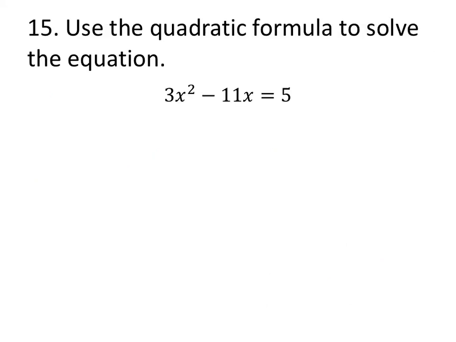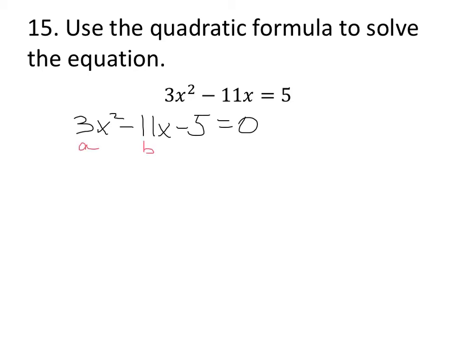In this equation, it's similar to an earlier problem where we used the quadratic equation. So we're going to rewrite it in standard form, which is 3x squared minus 11x minus 5, because we subtract 5 from both sides, equals 0.